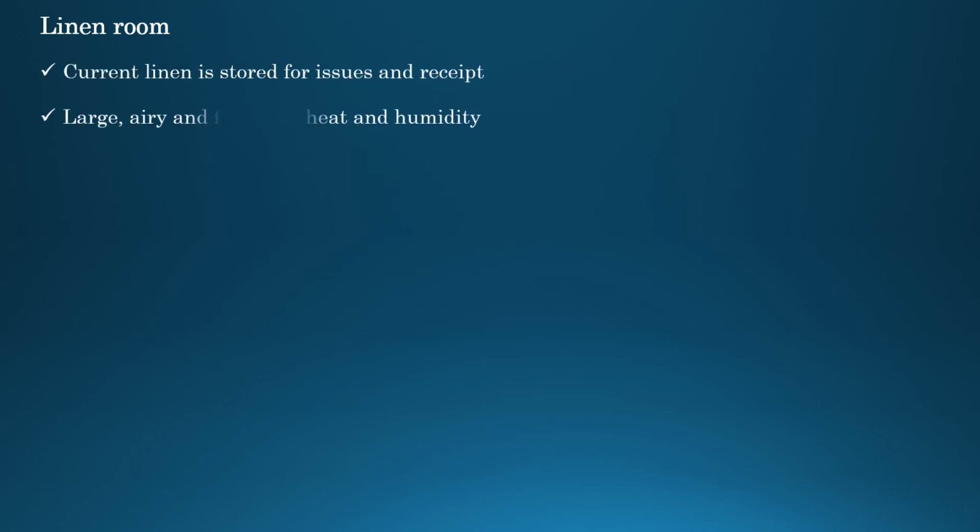Next is linen room. Linen and uniform room. This is the room where the linen in circulation is stored for issue when received from the laundry. The room also stocks the uniform in current use. It should be situated next to the laundry. The room should be large, secure, airy, and free from humidity.